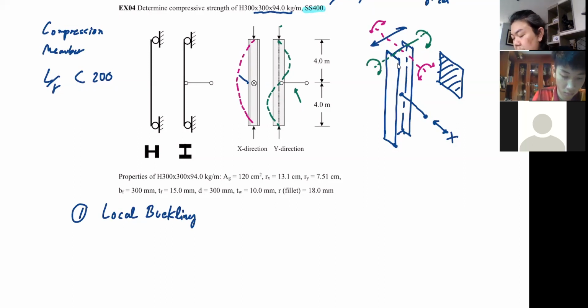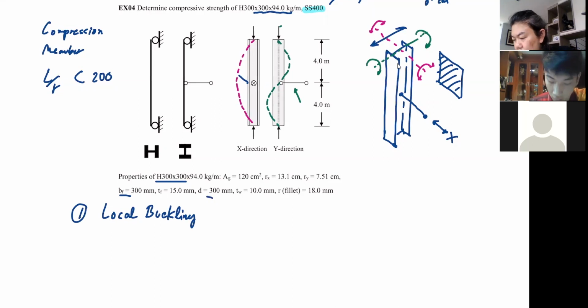Please also be informed that this is not the actual size. It may not be. This is what we call the nominal size of the member. So when you really work, you must check whether or not the width of the flange is 300 millimeter, the depth is 300, and so on. Okay, and in this case they are.